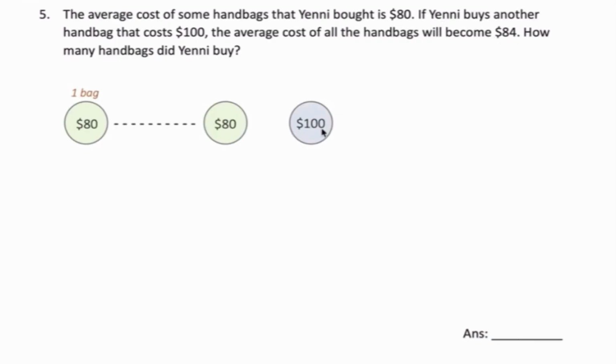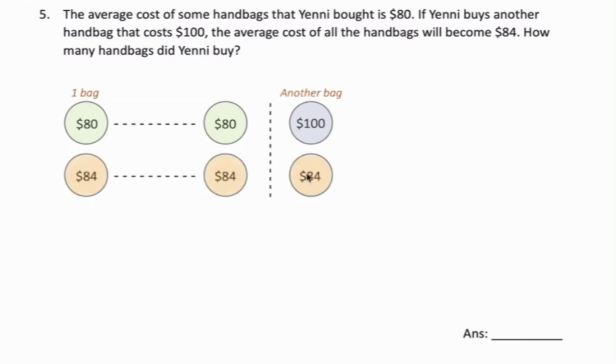Now, including this new bag, $100, they are going to redistribute the total value. The total value increased by $100 because it added one new bag. Now, I'm going to redistribute them. The total value is still the same, but after I redistribute, everybody's average is $84.